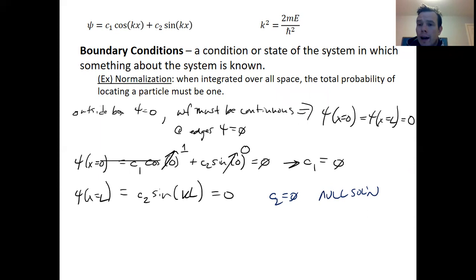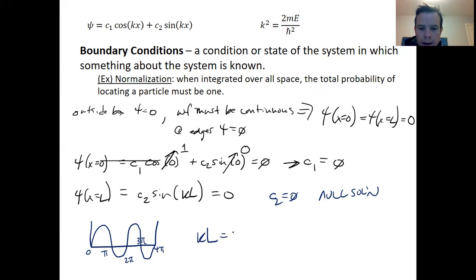There's another way that we can make this argument equal to 0, and that is as follows. Here's a sine curve. Remember that it has zeros at 0, pi, 2 pi, 3 pi, 4 pi, et cetera. What if I required that kL were equal to some integer number of pi's, n pi, where n is equal to 1, 2, 3, dot, dot, dot.